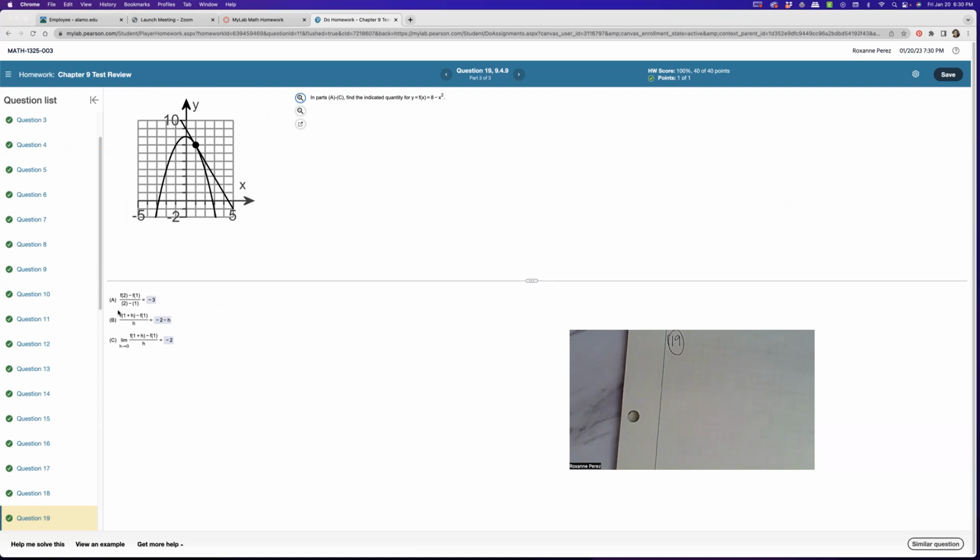Okay, so A, we're being asked to evaluate f evaluated at 2 minus f evaluated at 1, then divide. So what we're going to do is go over to this function, f evaluated at 2, and then find your y value, which right here is going to be, let's see, 1, 2, 3, 4, 5, 6, 7.